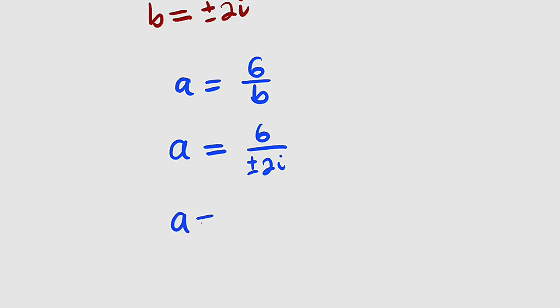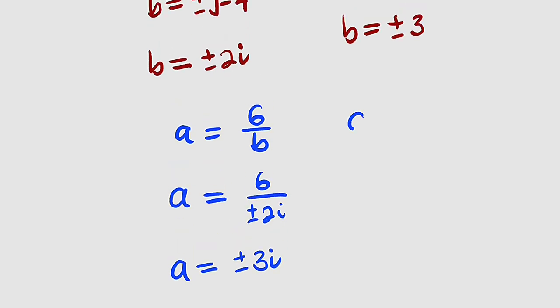Therefore, a is equal to plus or minus 3i. Then what about the other one? a equal to 6 divided by plus or minus 3, and a will be equal to plus or minus 2. So now you can see we have 4 values of a and 4 values of b.